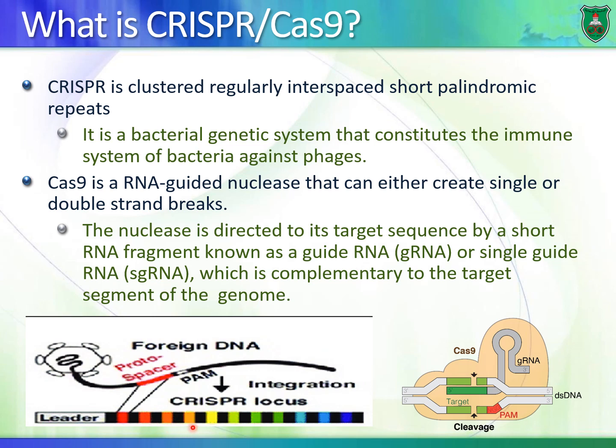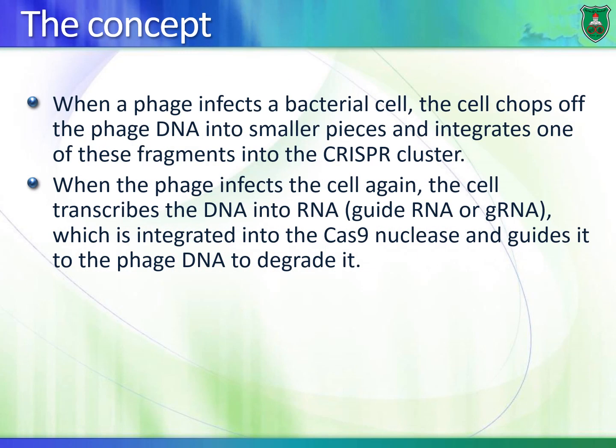Okay, and they are transcribed into an RNA. The RNA associates with Cas9, the nuclease, and the RNA guides the Cas9 to certain regions in the bacteriophage DNA. Now, this is what CRISPR-Cas9 does in bacterial cells.